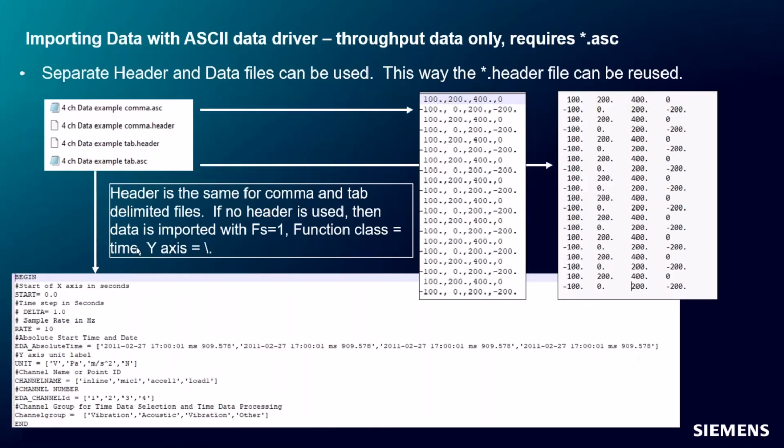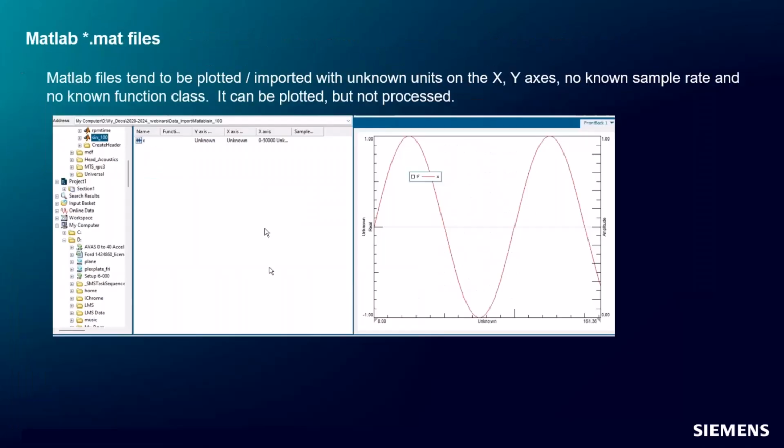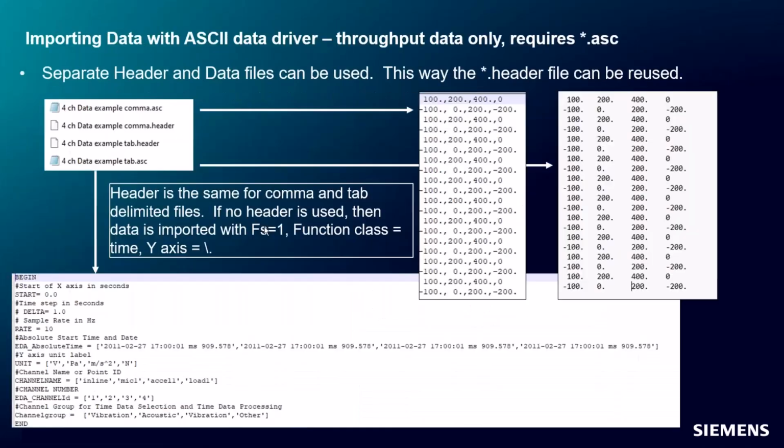It's going to know its function class equals time so we can process it, but it's going to give it a sample frequency of 1 with a time increment of 1 second, and it's going to give it a y-axis of unitless or slash. And then we can always adjust the sample frequency and the point ID and the y-axis in Testlab if you wanted to, but it's going to bring it in exactly like this if you have no header specified.